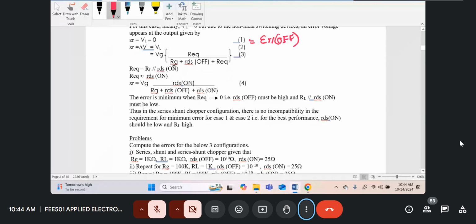So whether RL is large doesn't matter, because RL in parallel with a small number, a small ohms will still be low. So these are the equations for error of case 1 and error of case 2 for minimum error for the case of series shunt configuration.